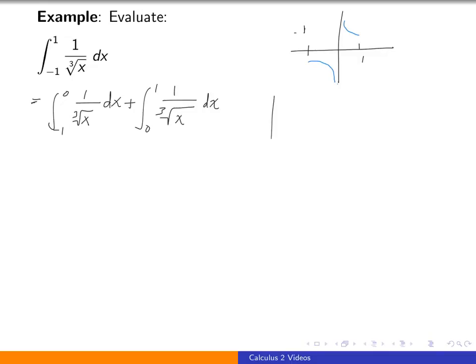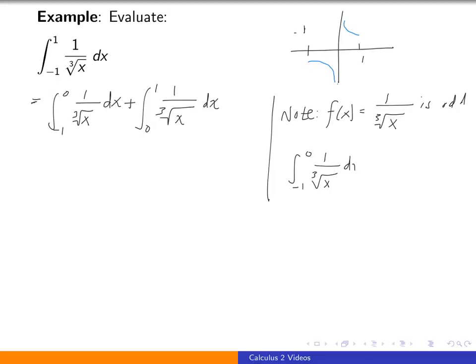Let's make an observation that will help us. The function 1 over the cube root of x is odd, which means it's symmetric about the origin. Recall from Calculus 2, or from graphical inspection, that if you're integrating an odd function, the integral from minus 1 to 0 of the function is equal to the opposite of the integral from 0 to 1 of 1 over the cube root of x.